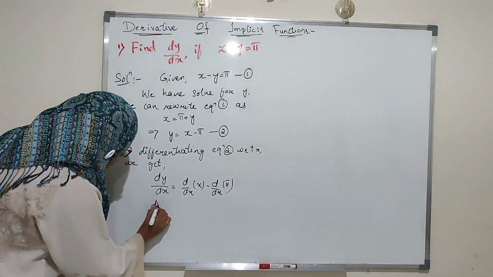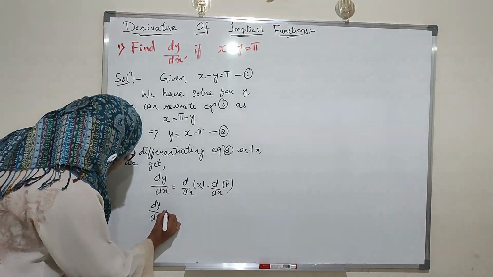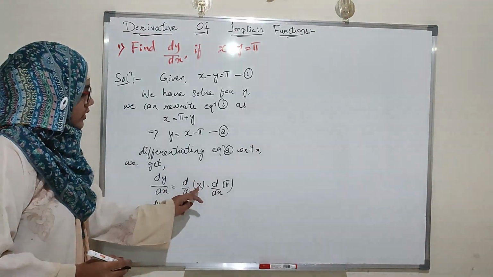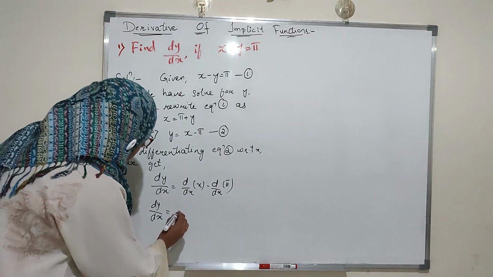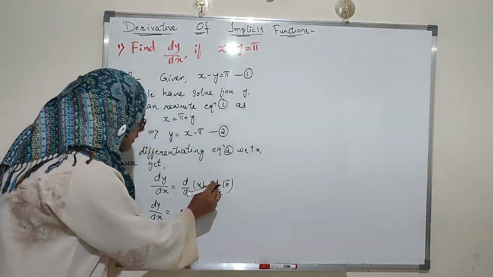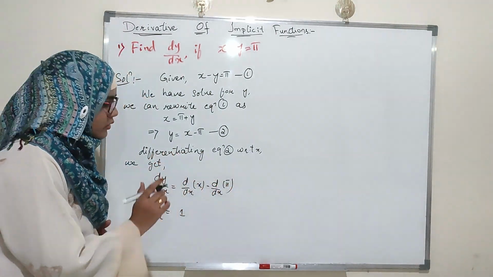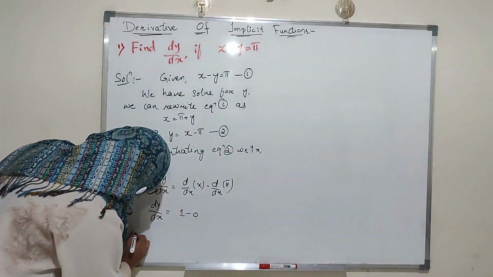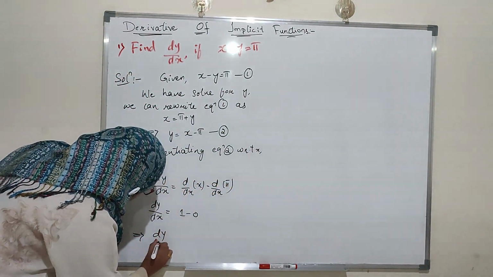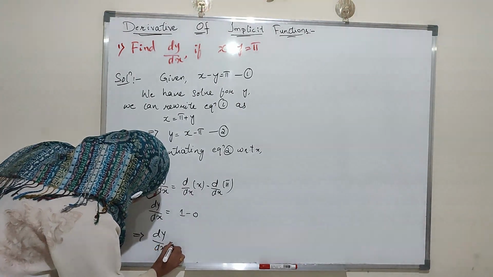So dy by dx equals the differentiation of x with respect to x, which is 1, minus the differentiation of pi. Pi is a constant, and the differentiation of a constant is always 0. So this implies dy by dx is 1.